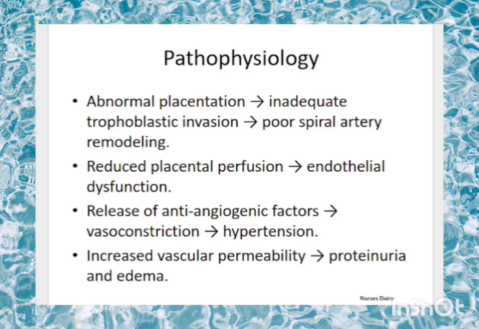Now in preeclampsia, the blood vessels don't form properly. They remain narrow and stiff, hence reducing the blood flow from the mother to the baby. Because the blood vessels are too narrow, the placenta does not get enough blood, and there is a release of harmful substances.